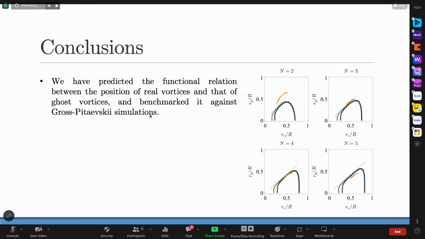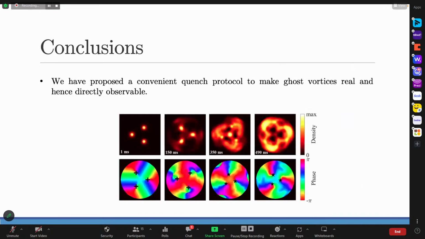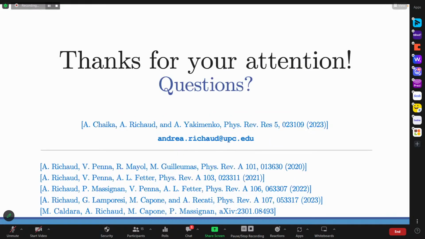So as far as we know, it's the first analytical description of ghost vortices, the first analytical estimate of the position of these phase defects. And eventually we have proposed an experimentally feasible quench protocol to do the direct imaging of these hidden phase defects.